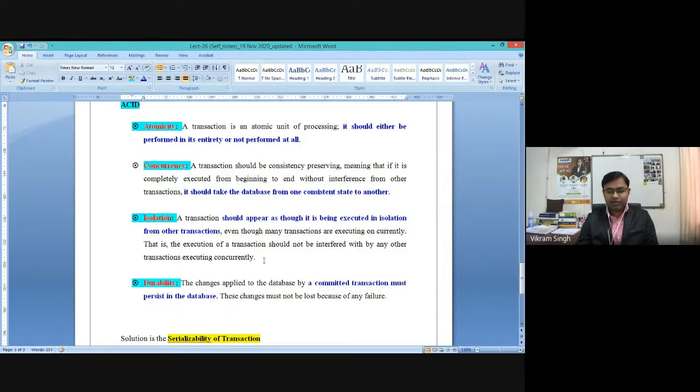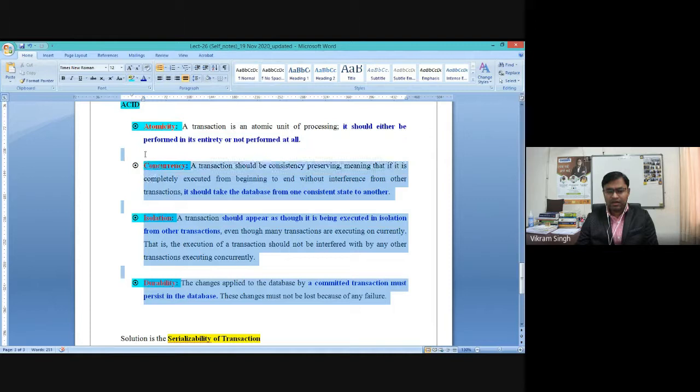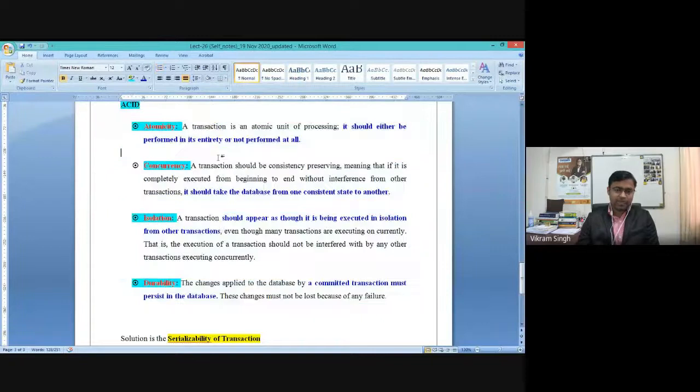And basically we will be discussing the different algorithms, different approaches or solutions through which we achieve these four properties, right? In the coming lecture we will be discussing this concept called serializability and other algorithms, preferably called concurrency control.